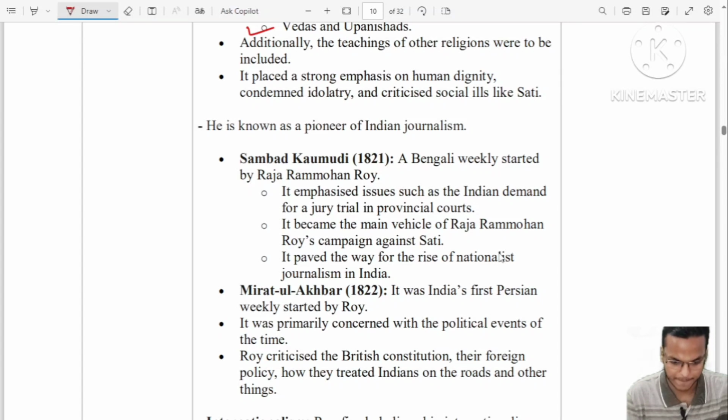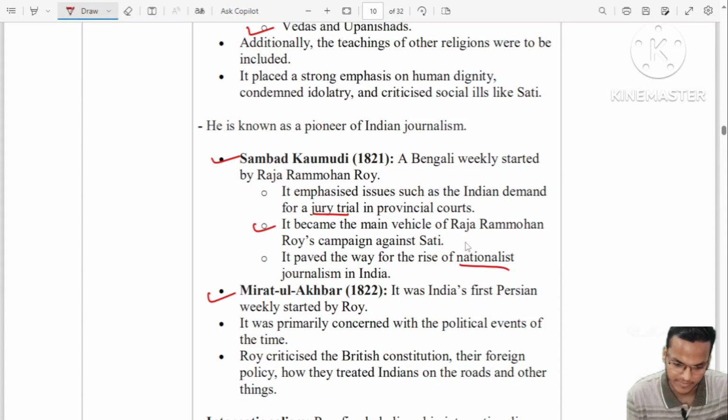Sambad Kaumudi, a Bengali weekly, and Mirat-ul-Akbar were started by Raja Ram Mohan Roy. Both are important. It emphasized the Indian demand for a jury trial, and Sambad Kaumudi was the main vehicle of campaign against sati.